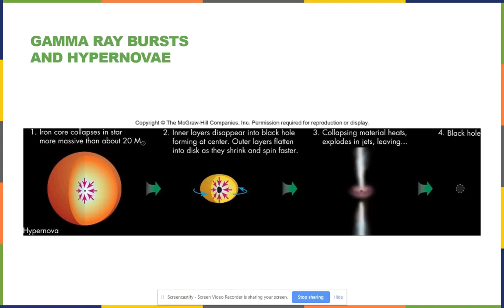Remember, neutron degeneracy is what holds up a neutron star. If you have a star that is so massive at death that not even the neutron degeneracy can hold it apart, then it collapses into a black hole. And that's what the textbook I used before said was a prominent possibility for what causes the gamma ray bursts.